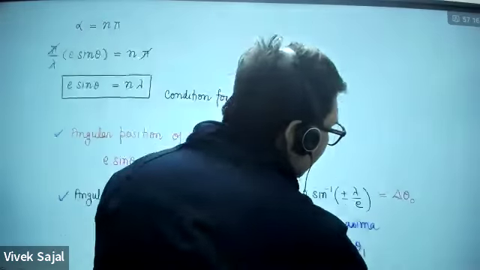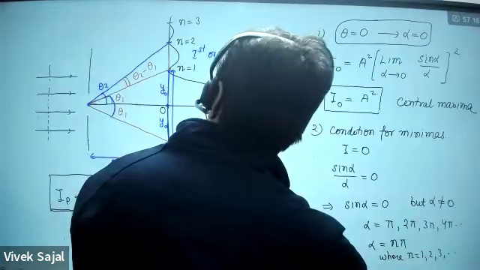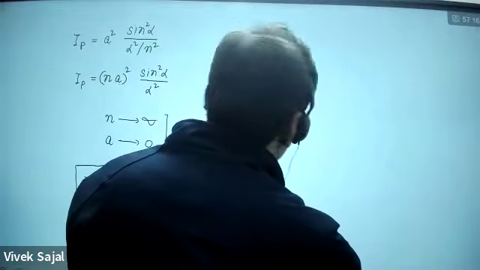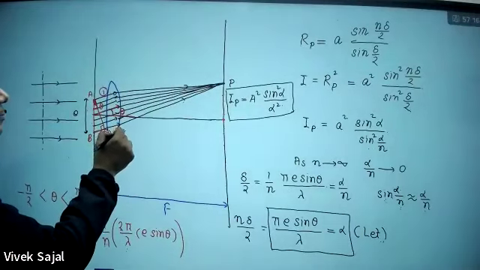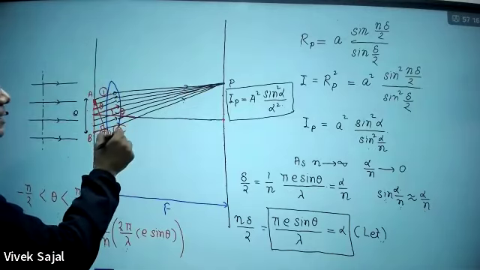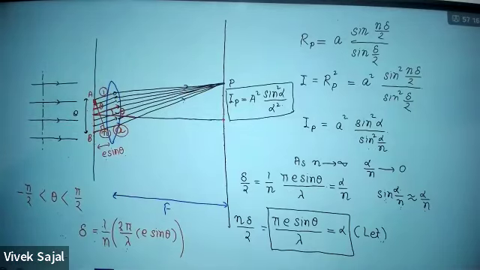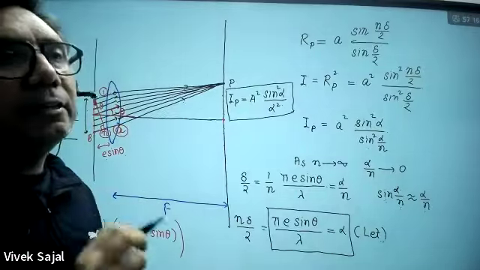So that's why when I was using here this A, I'm saying the light that is coming from here, the amplitude of each of the waves is A, and this amplitude A will be very, very small.